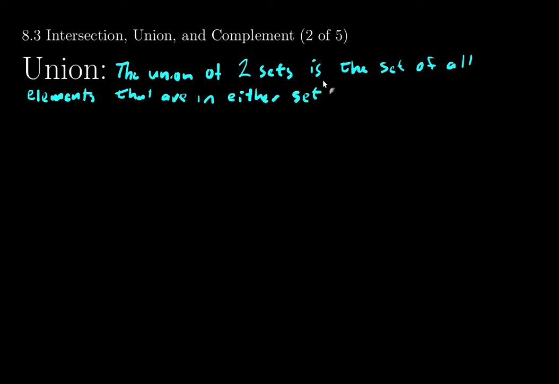Now there's an important mathematical concept with this either or thing that's a little different from what we might be used to in English. The word or mathematically means that it can be in one or in the other or both. The way I like to explain this is, you may have heard someone say you can have cake or pie.